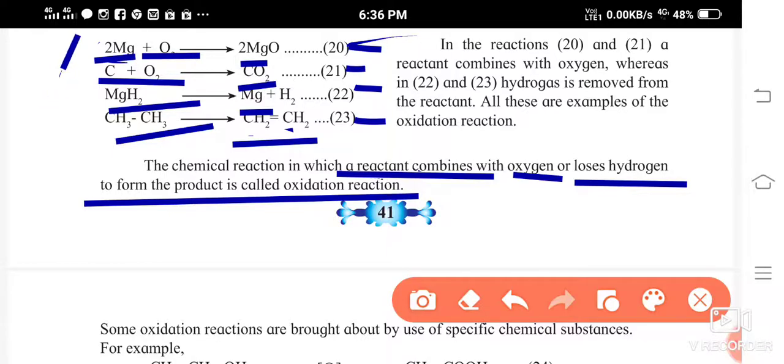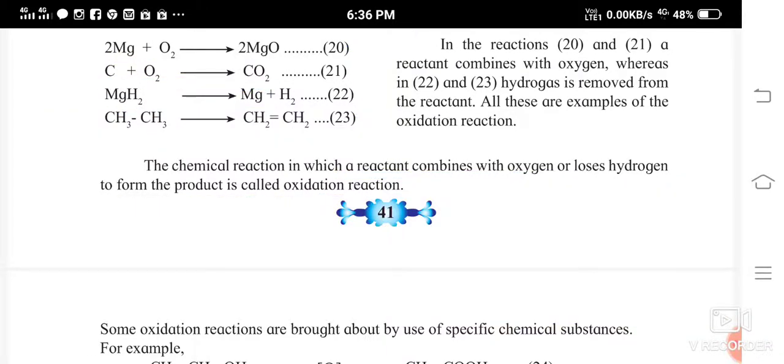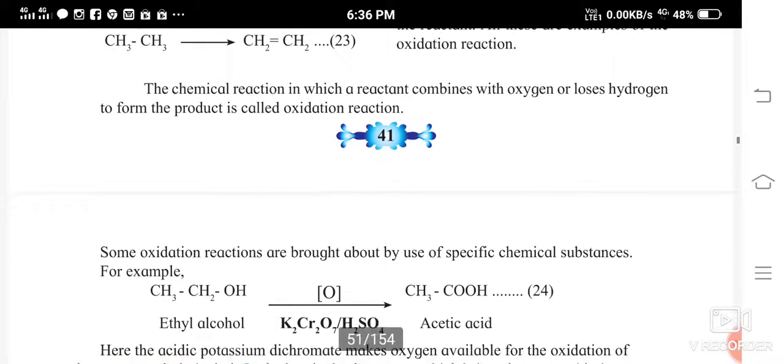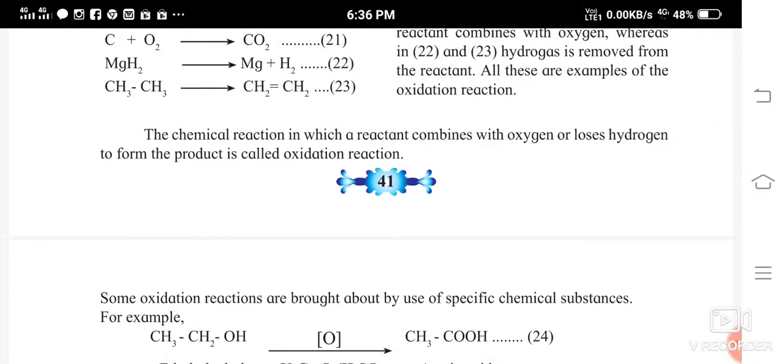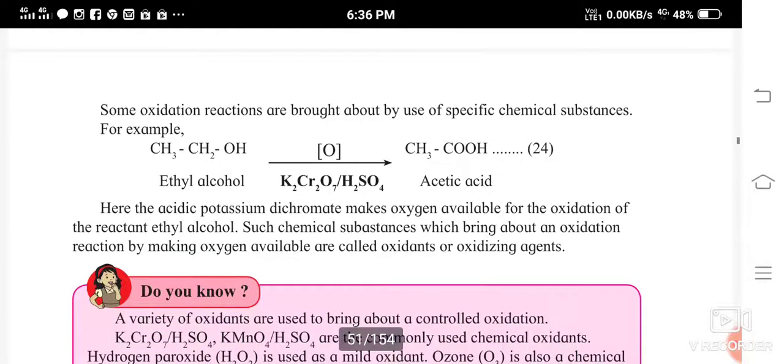Such chemical reactions are called oxidation reactions. In the first two cases, oxygen was gained, and in the next two equations, hydrogen was lost. In both cases we say it is an oxidation reaction.